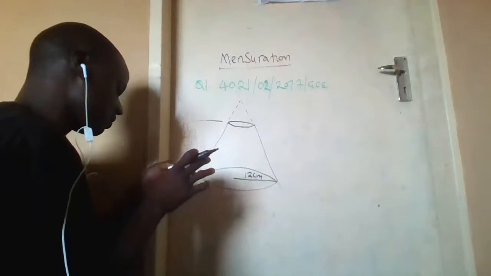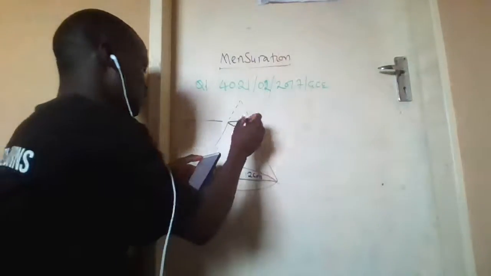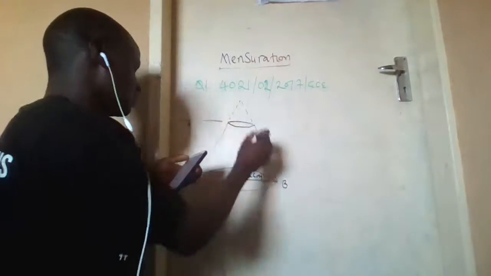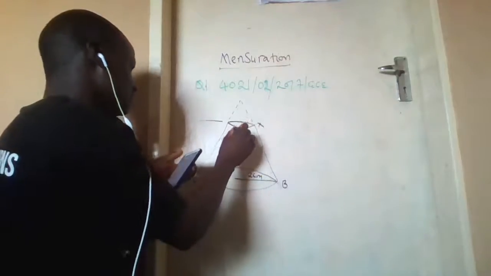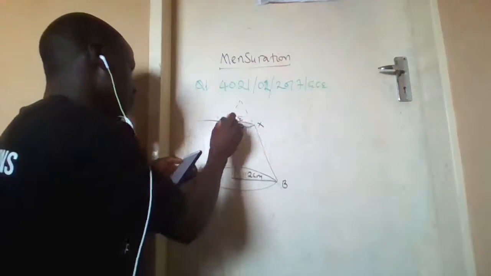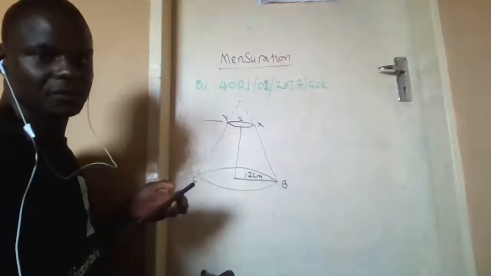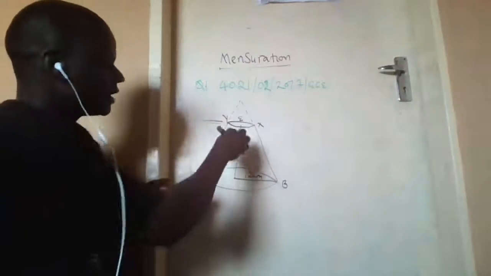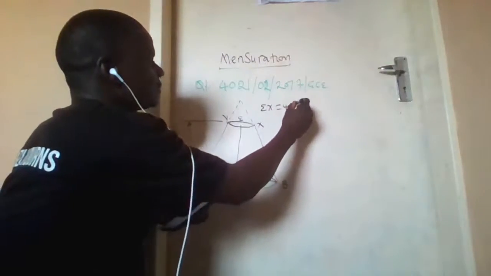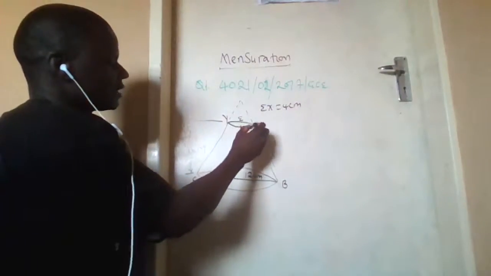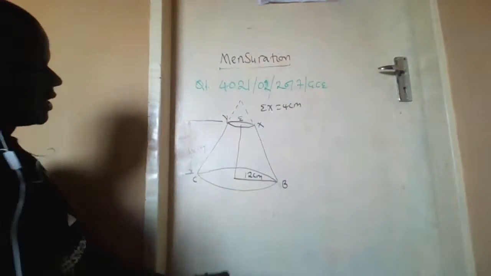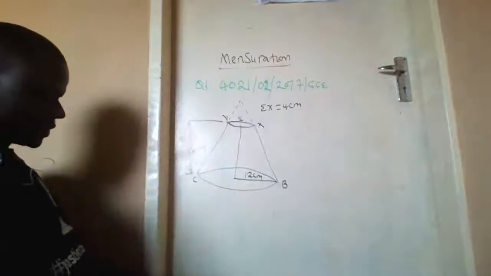Then, this is C, this is B, this is X, this is E, and this is Y. They gave that EX is equal to 4 centimeter, because the space here was not enough to indicate it.